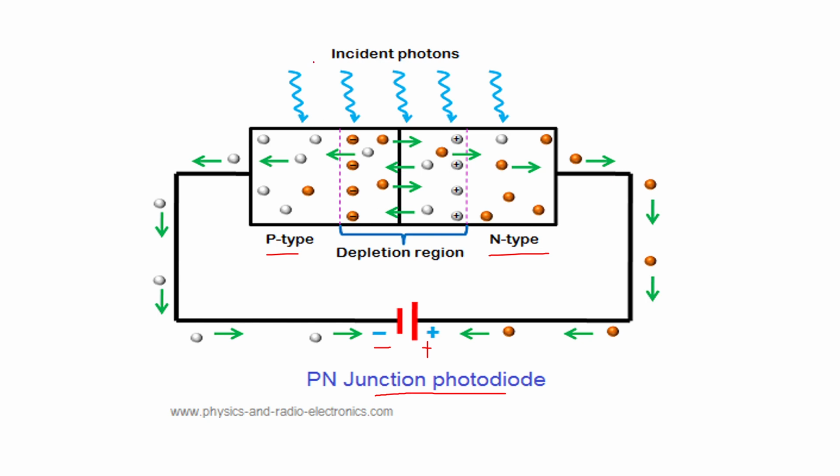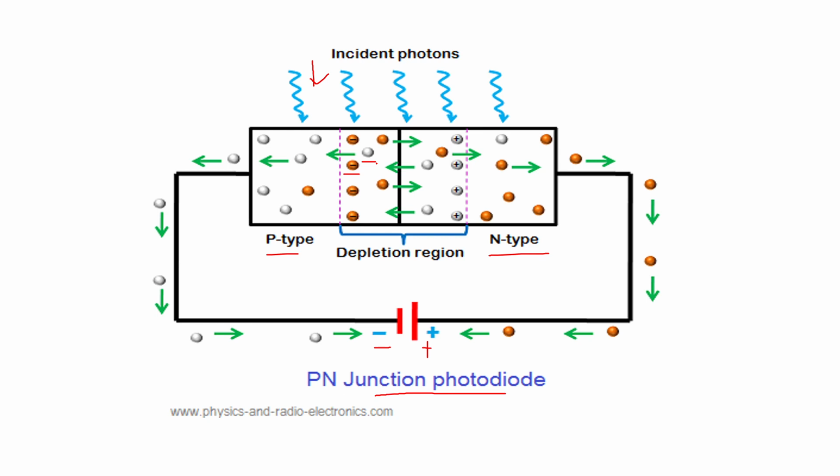Now, when external light energy is supplied, and if this energy is greater than the band gap of the semiconductor material, the valence electron breaks bond from the parent atom and results in the formation of a free electron. The empty space present in the valence shell is called the hole.